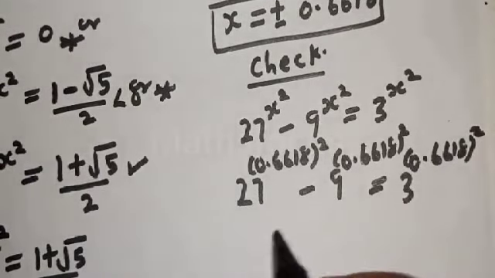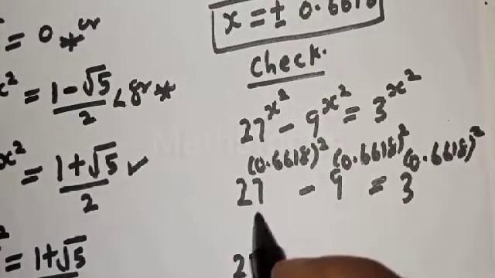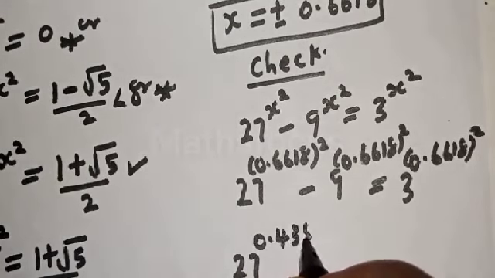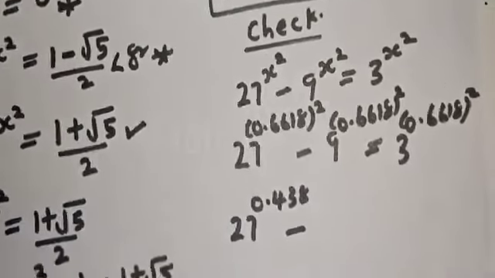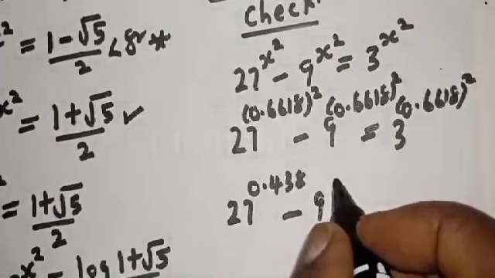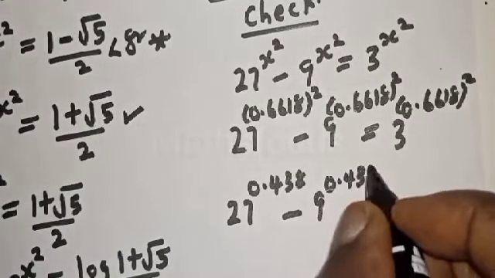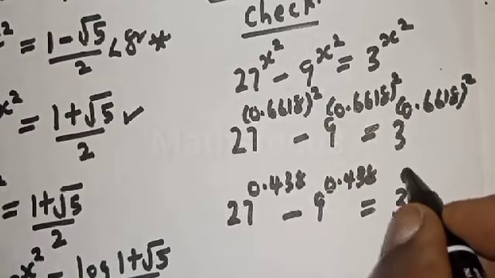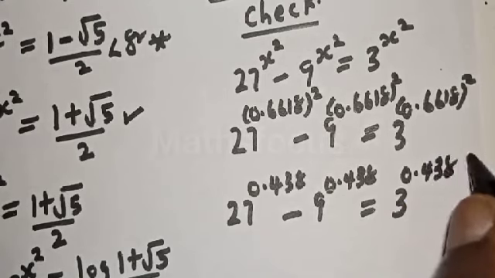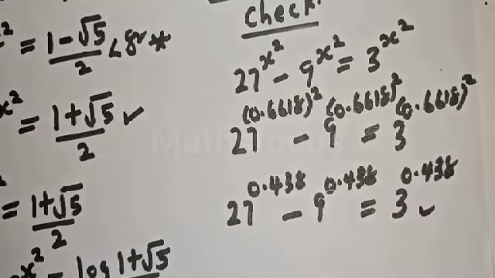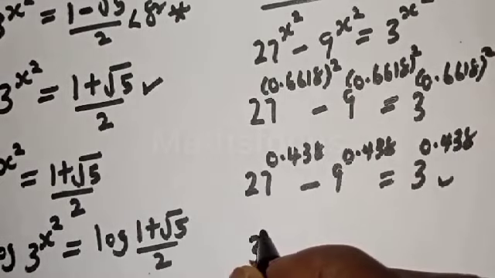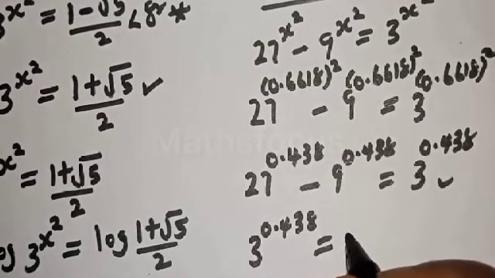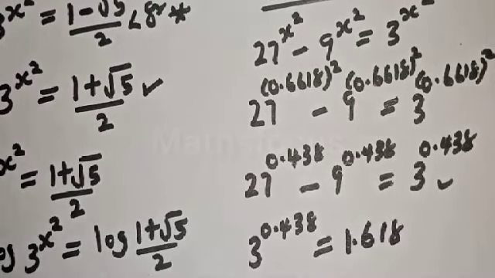And this is 27 raised to the power 0.438 minus 9 raised to the power 0.438 is equal to 3 raised to the power 0.438. And for this, 3 raised to the power 0.438 is equal to 1.618.